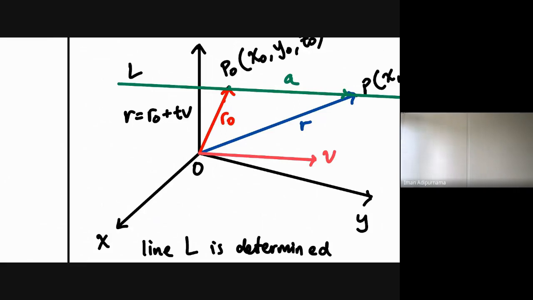If you change t to 0, it will be R equal to R0, right? So it's like you are changing your R depending on the line L. I hope you get it.